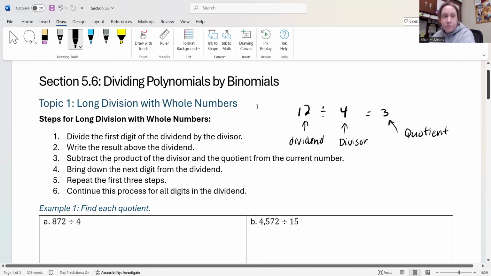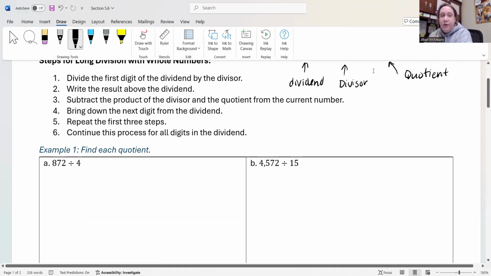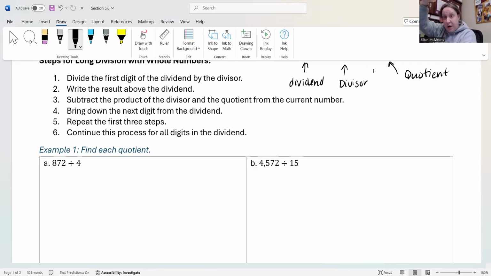So with that said, you divide the first digit of the dividend by the divisor. You write that result above the dividend in the long division setup, which will make more sense when I show you. You take whatever you put in the quotient, multiply it by the divisor, and subtract it from that first digit of the dividend.